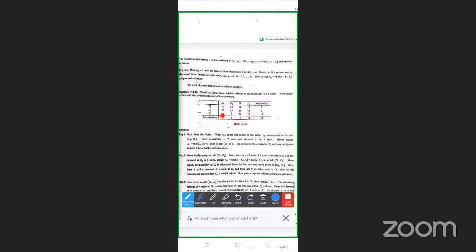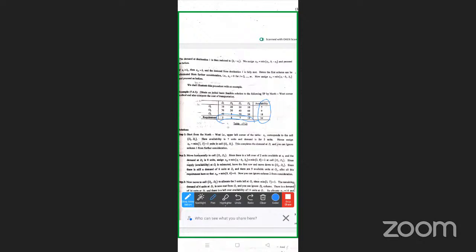This is the given table. O1, O2, O3 are the origins with availabilities, and D1, D2, D3, and D4 are the destinations with requirements. Here the total availability is equal to the total requirement.